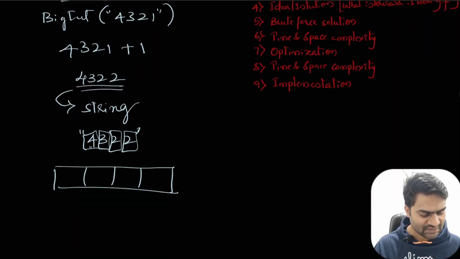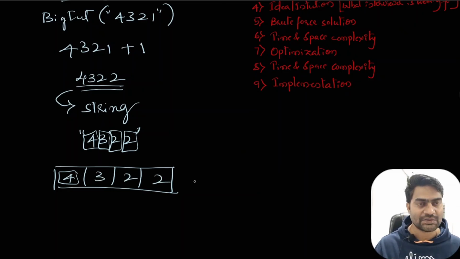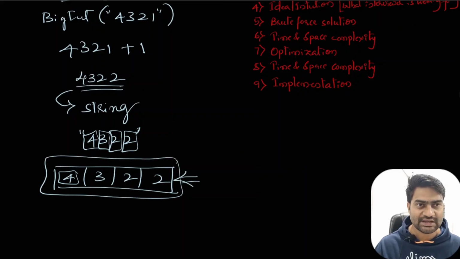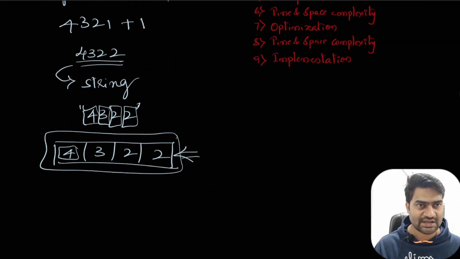I will take the first value, convert it into an int value before putting it into the array, then add it into the array, then 3, then 2, then 2, and I will simply return this particular array. This is the extreme naive solution.